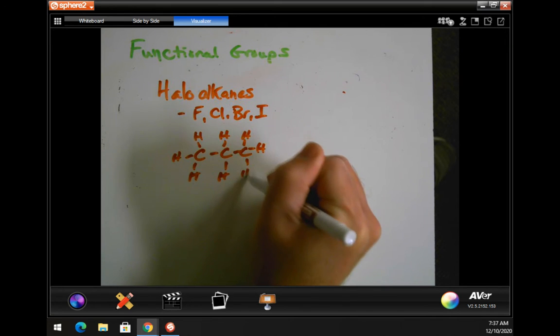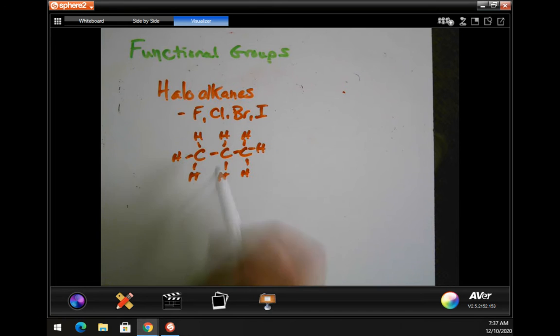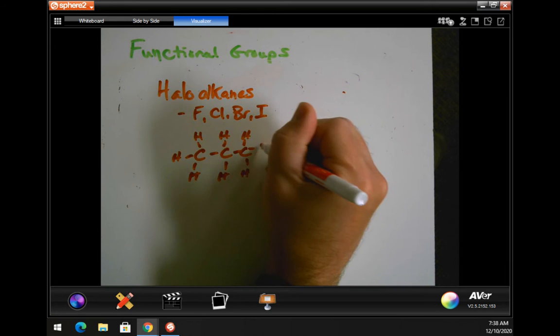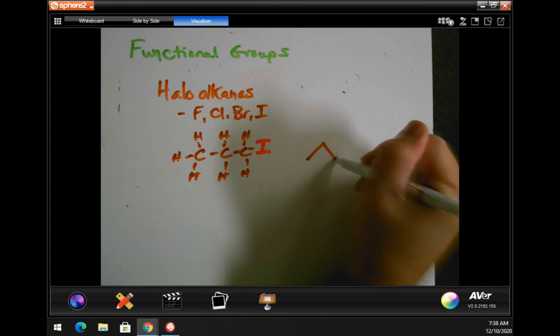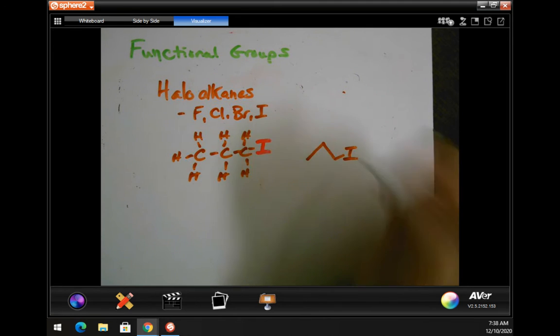So it takes something that's pretty stable, like propane, and makes it become pretty reactive. So let's say we replaced that one with an I. So what we would have here, if we draw it out skeletal-wise, is maybe something that looks like that.